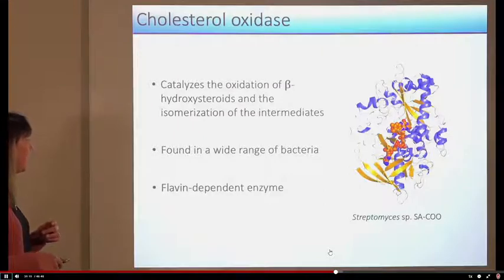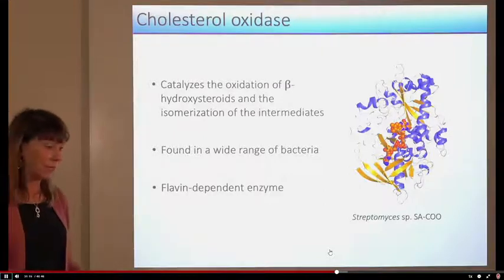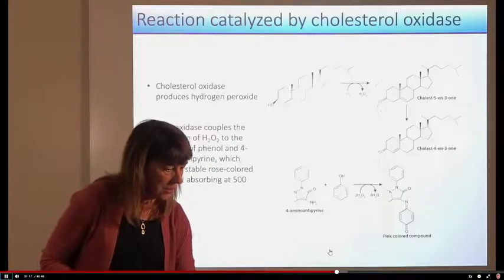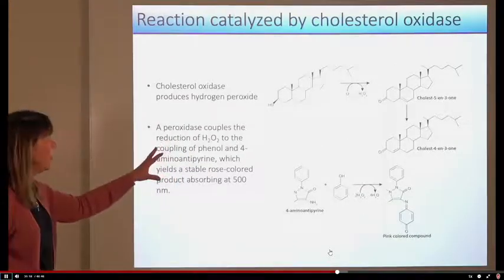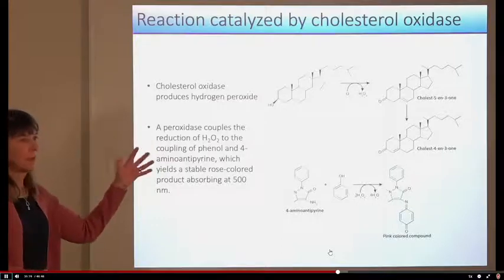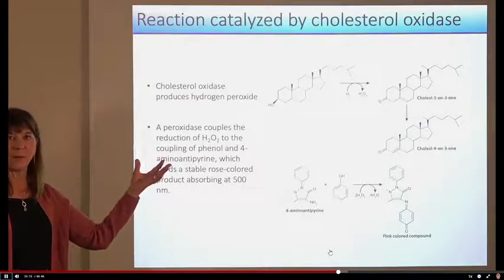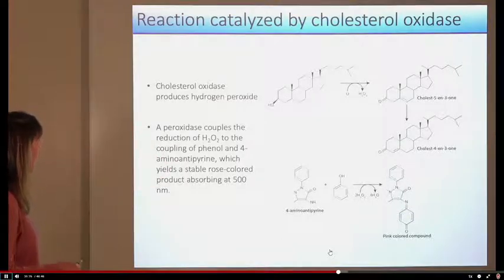This enzyme is found in a wide range of bacteria, and it's a flavin-dependent enzyme. So this is really neat because this is the way they use this cholesterol oxidase to measure serum cholesterol levels. So what does it do? So cholesterol oxidase produces hydrogen peroxide. So here's the reaction it catalyzes.